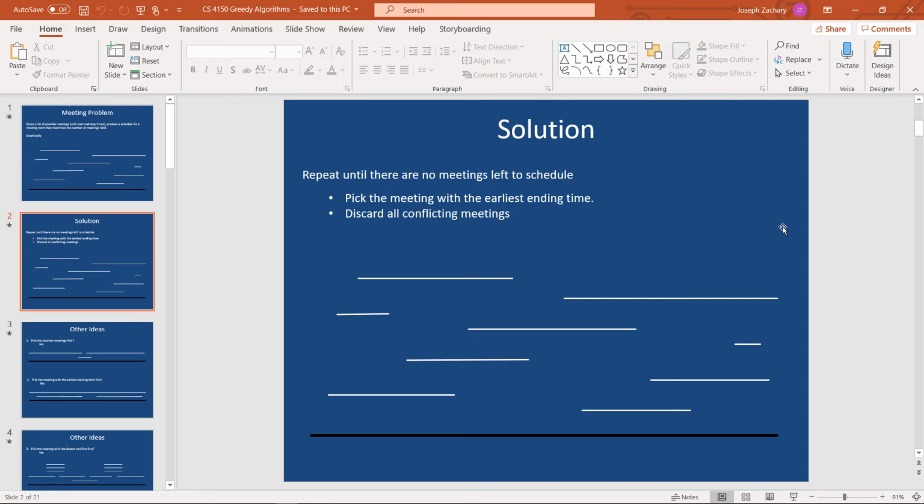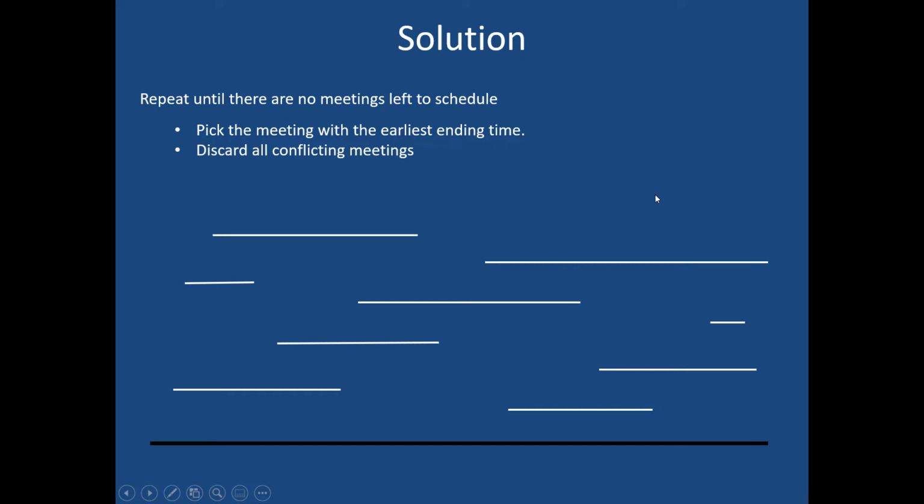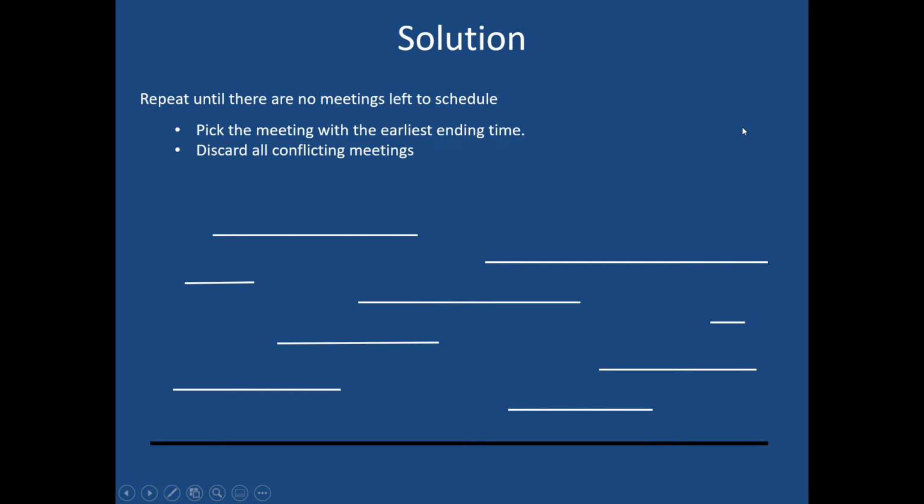Now, it turns out that the second suggestion we have works out. We repeatedly pick the meeting with the earliest ending time and discard all conflicting meetings and continue. So which meeting would we pick first?